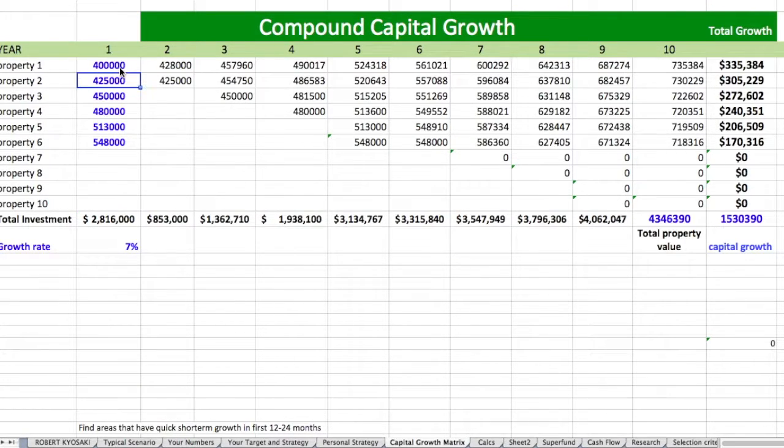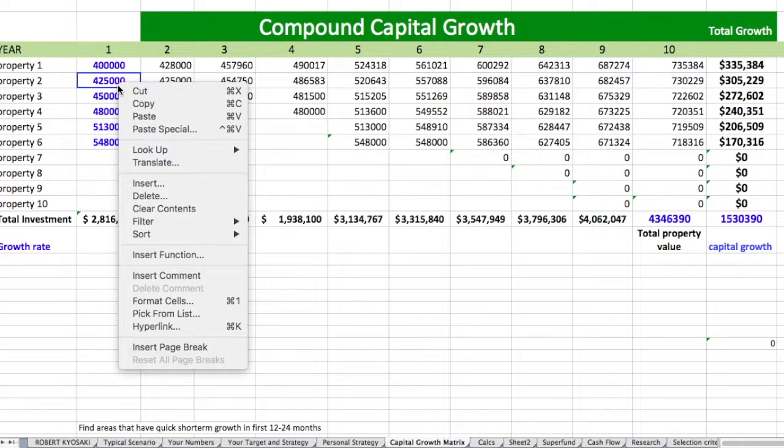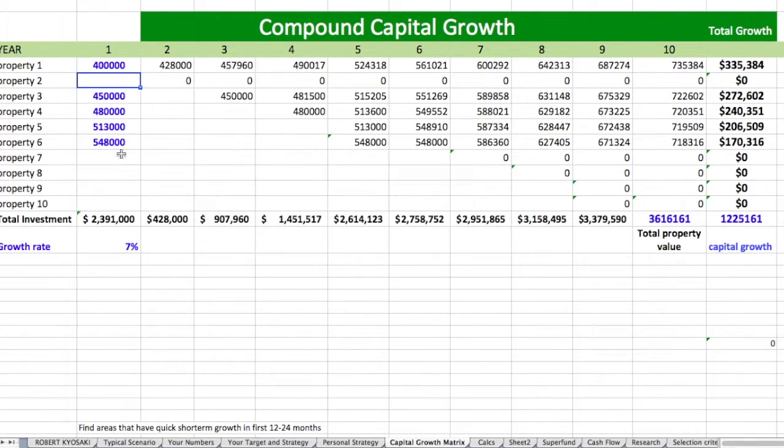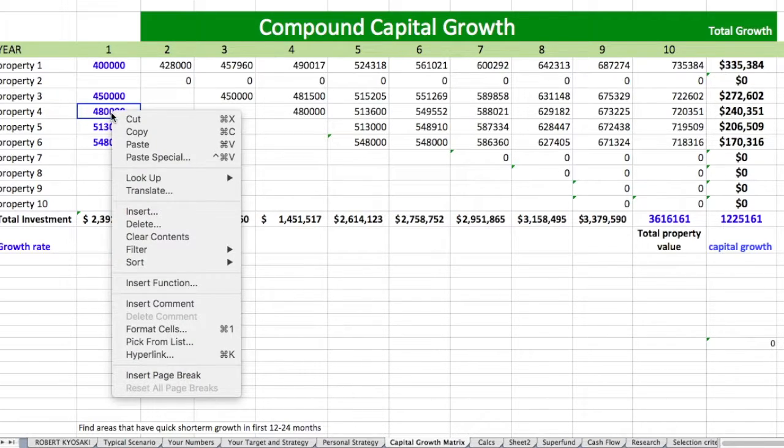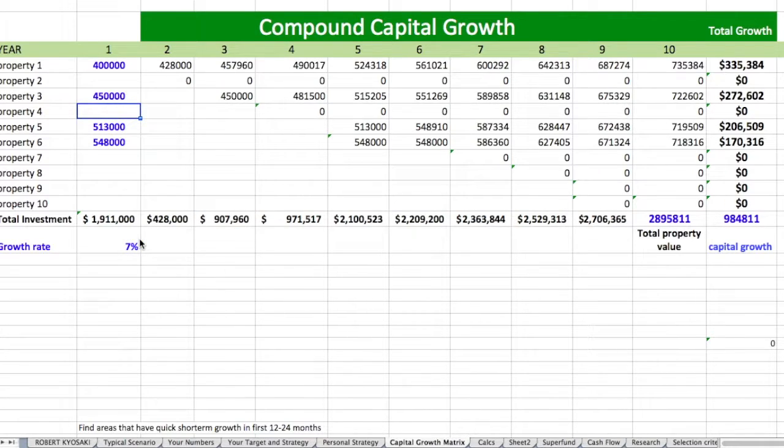Well, let's just say now we bought the first one and we waited a year and we didn't buy the second one, and then we bought one and we waited another year. We weren't so aggressive.